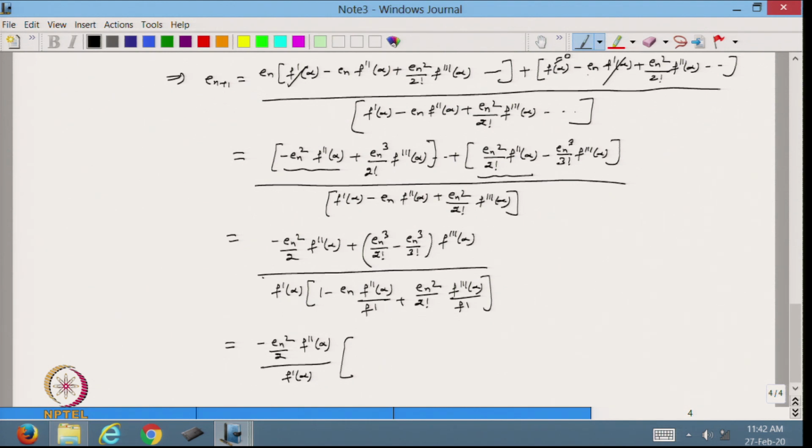Now, maybe these terms, if I ignore the cubic power of n, ignoring the En cube or En minus 1 cube and all other higher order terms.